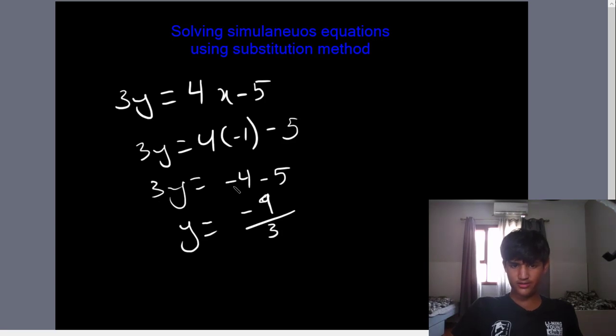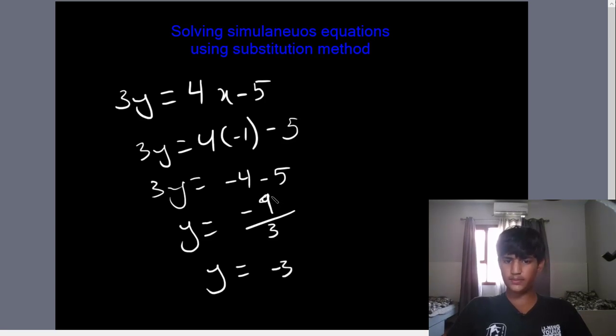We're going to take 3 from here and divide it. We're left with y is equal to minus 3. So we have one answer: minus 1 comma minus 3.